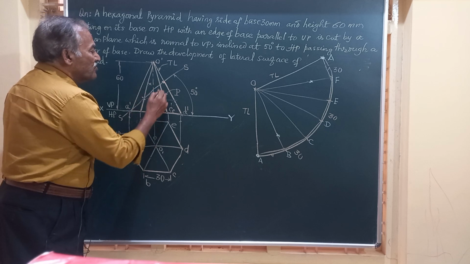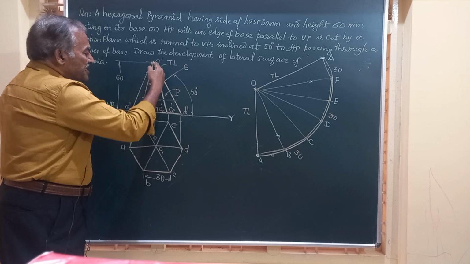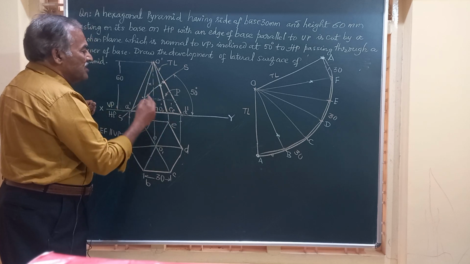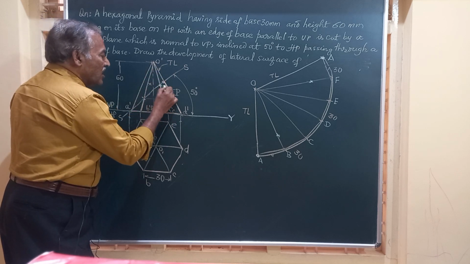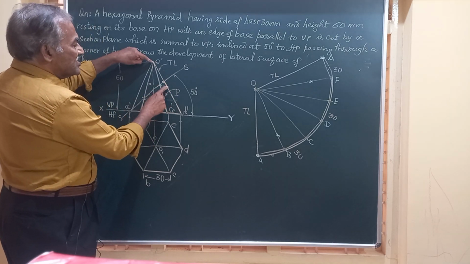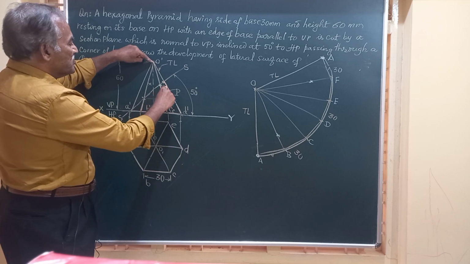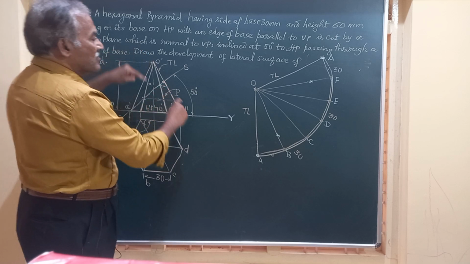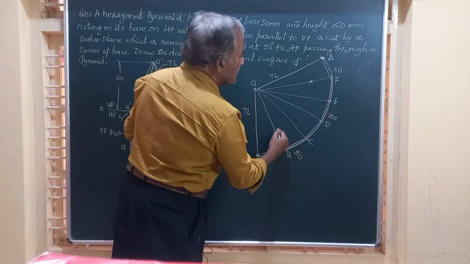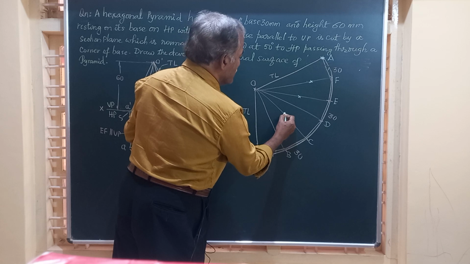This is over, this is over. For the axis you don't mark anything. And here the section plane is cutting OC and OE. Again OC and OE are not true length. We have to shift that point to the last slant edge and mark this on OC and OE. This is OE and this point is OC.